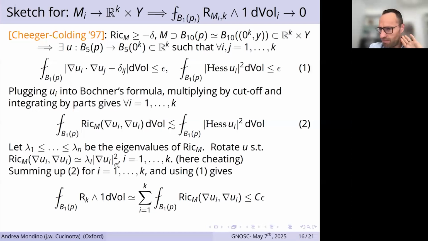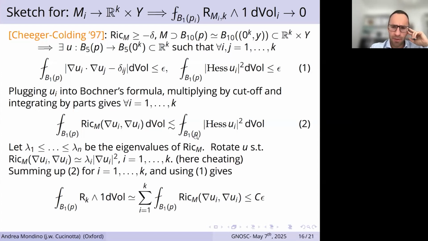Okay, but just by this argument, even if it's not precise, you can do this argument on a set of large measure, basically. Good. So assume that you can rotate this u such that each of the gradients of u_i is almost an eigenvector, and you order these eigenfunctions from 1 to k. Good.